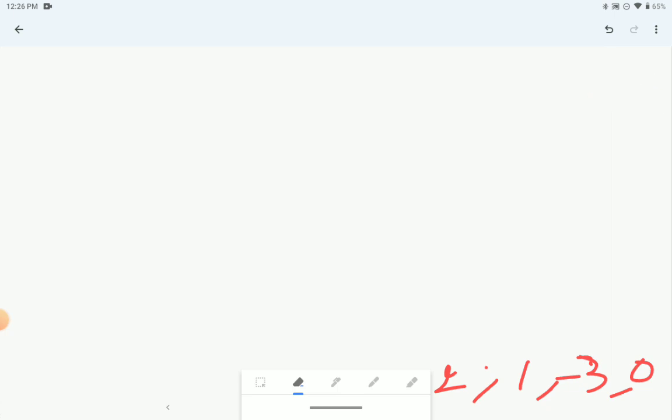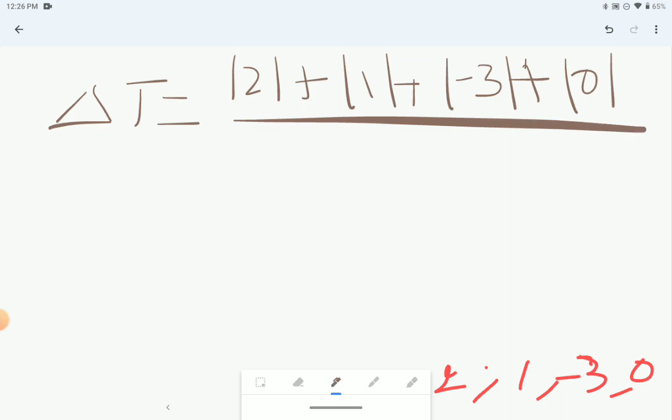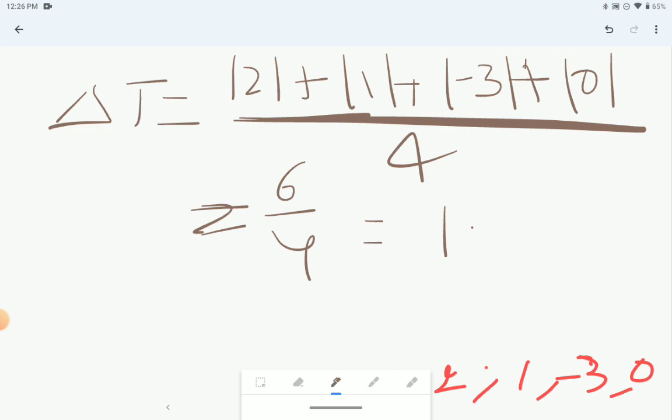Now to find the mean of absolute errors, delta t, we should calculate the sum of the mods of these observations, that is mod 2 plus mod 1 plus mod minus 3 plus mod 0, divided by n, the number of observations, which is 4. It comes out to be 2 plus 1 is 3, plus 3 is 6, 6 by 4, which is 1.5 seconds, right?